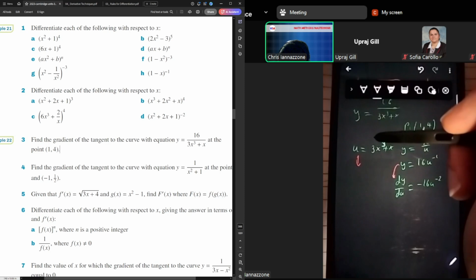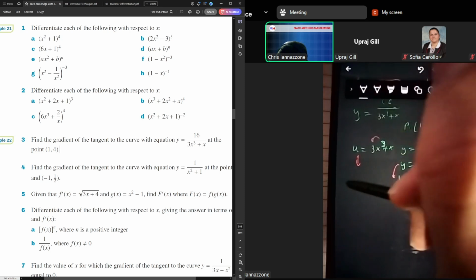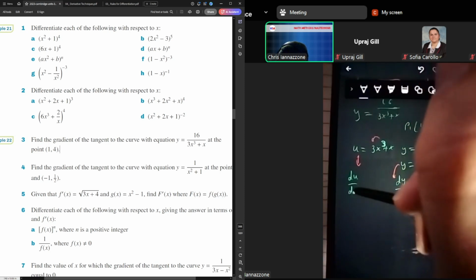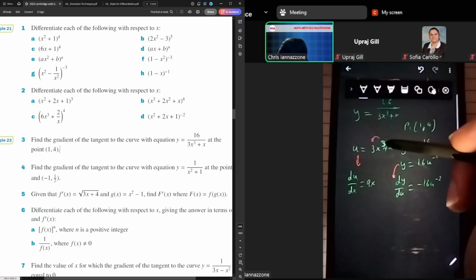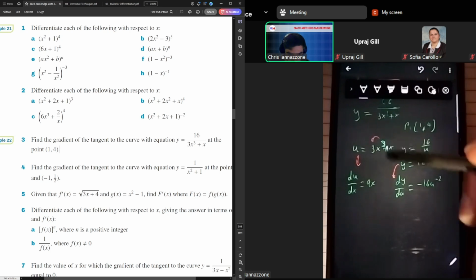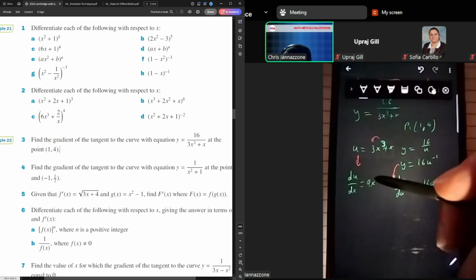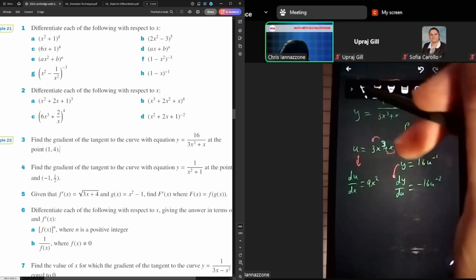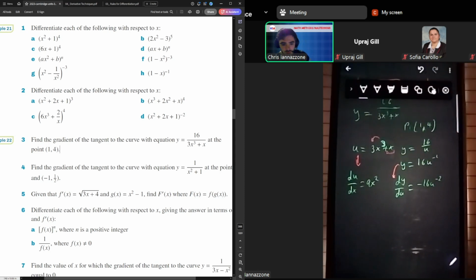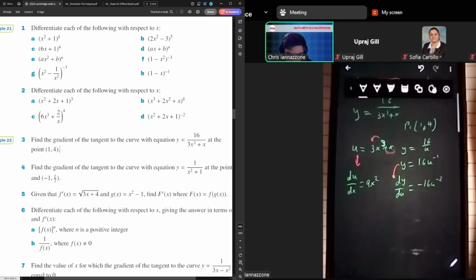So you've got this power of 3, which comes at the front. So that's good. You've done that one. So du on dx is equal to 9x. The next part is this power has to go down by 1. So instead of having a power of 3, we're going to have a power of 2. There is also this second term in here, this x. The derivative of that is also a sort of power function thing.